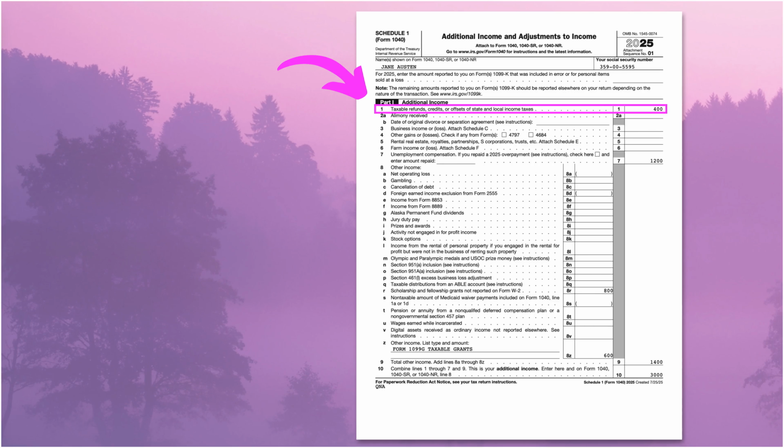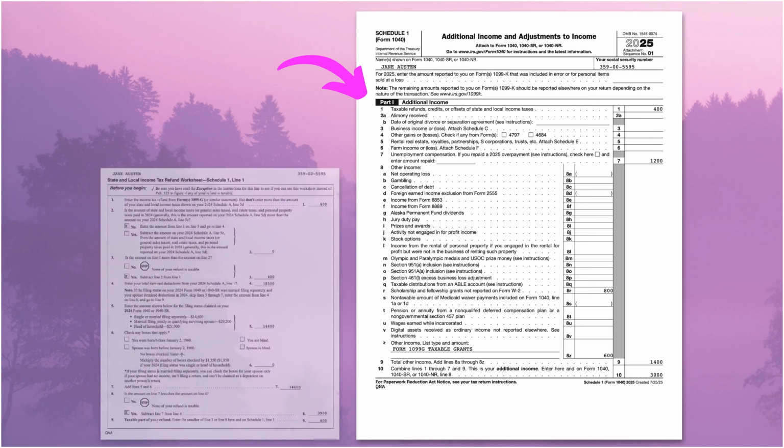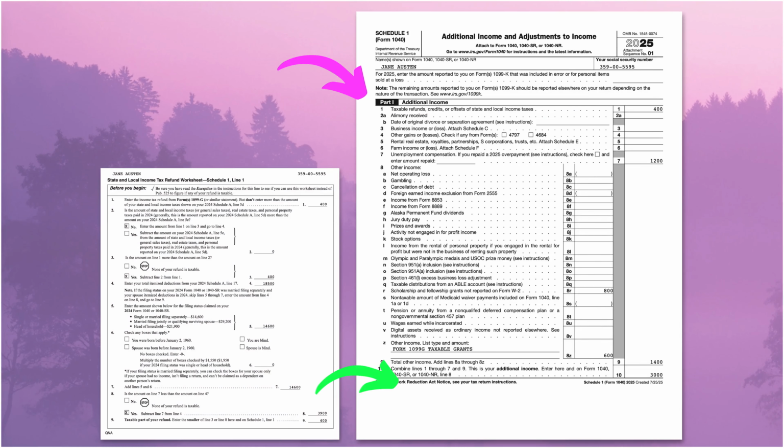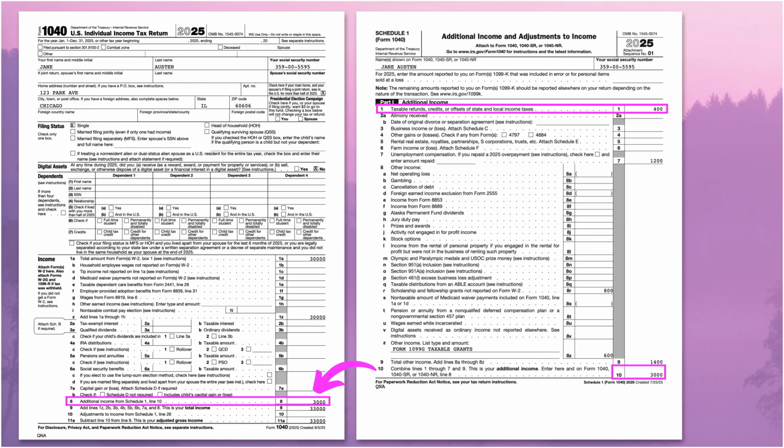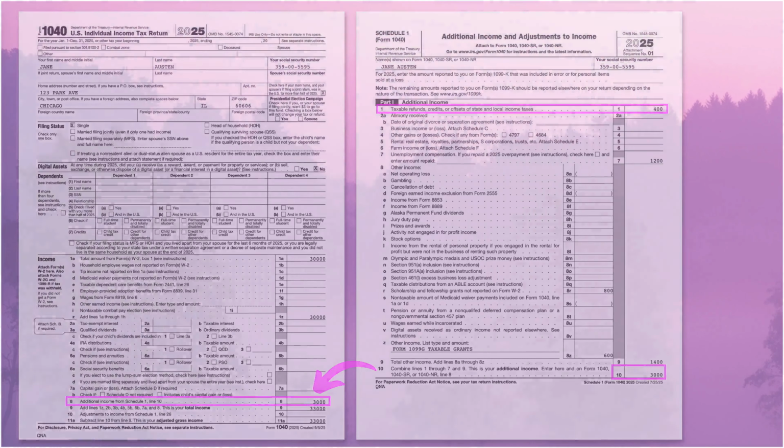If the refund is taxable, it will be listed on Schedule 1, Part 1, Line 1. You will also see a calculation worksheet that shows how that number was determined. The $400 taxable refund would then show up on Form 1040 page 1, line 8 as additional income.